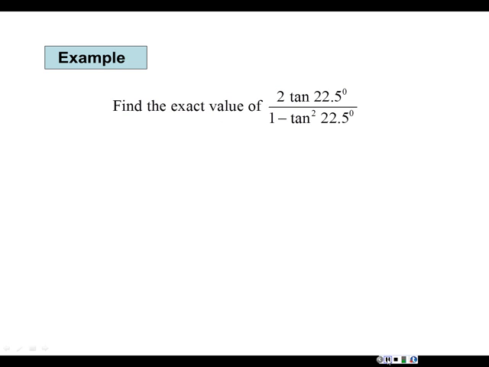So from here you will get tan 2 theta, which is tan 2 times 22.5 degree, which is tan 45 degree, which is 1.